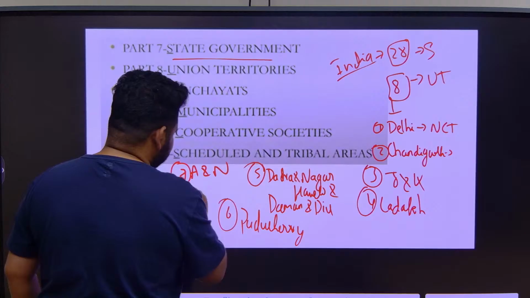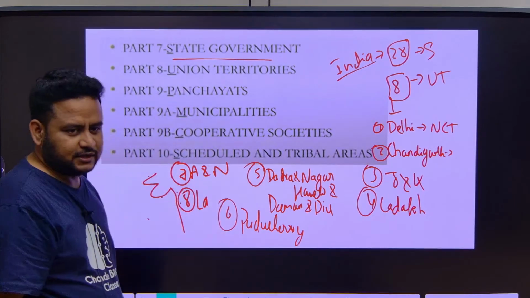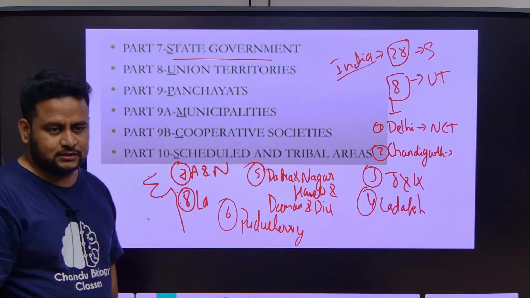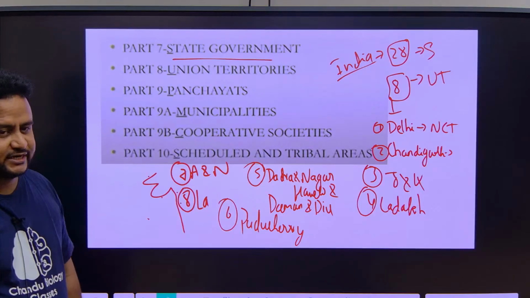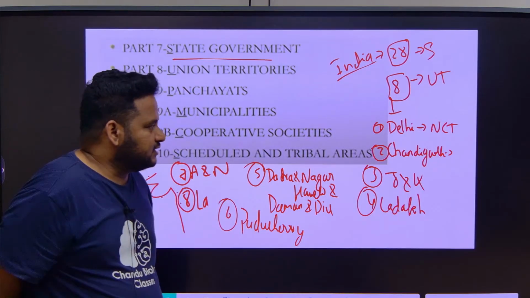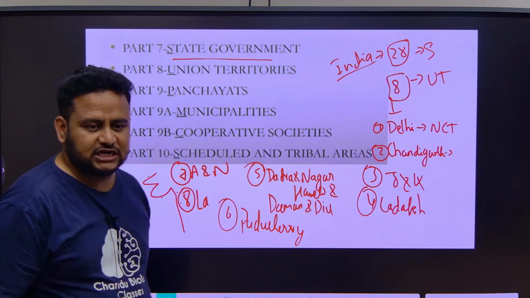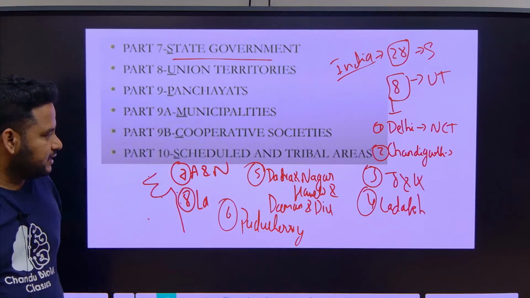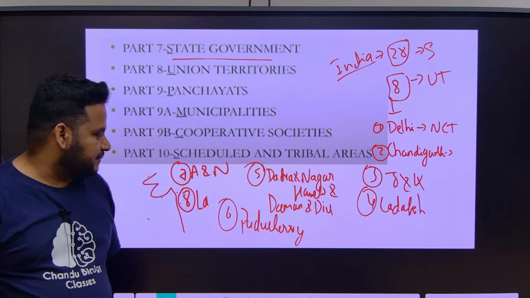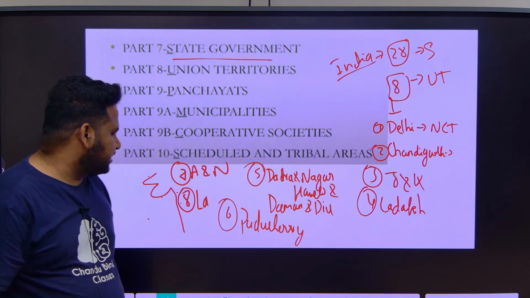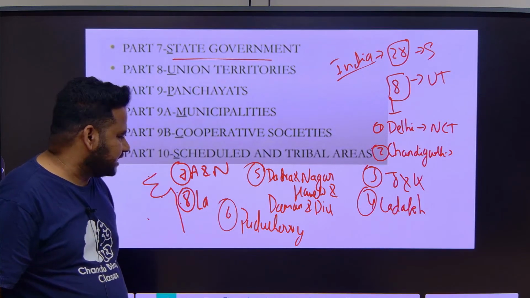Eighth is Lakshadweep. So 28 states and 8 union territories, that is Delhi, Chandigarh, Jammu and Kashmir, Ladakh, Dadra and Nagar Haveli, Daman and Diu, Puducherry, Andaman and Nicobar, Lakshadweep.